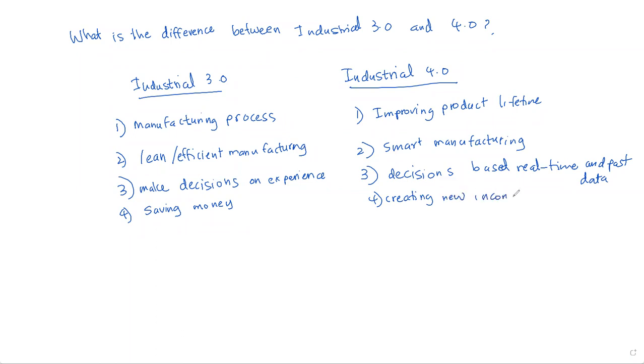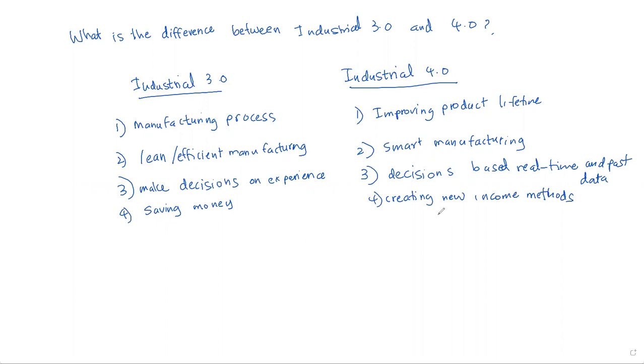Therefore, it always seems that Industrial 4.0 is better than Industrial 3.0 in terms of efficiency, in terms of improving quality, in terms of improving the user experience, and also improving the income of the industry, right?